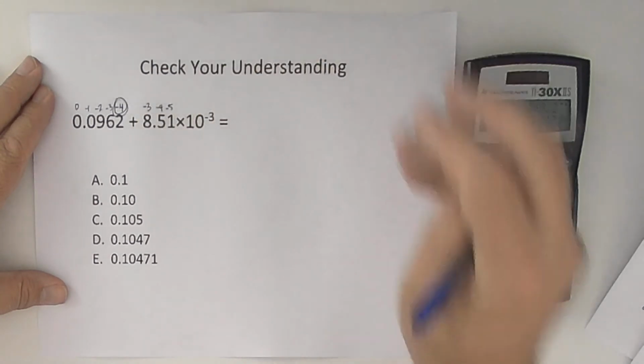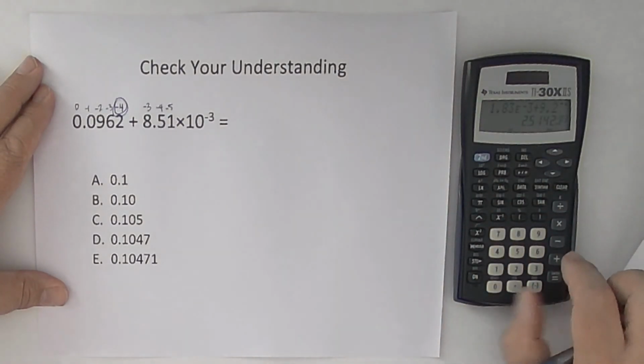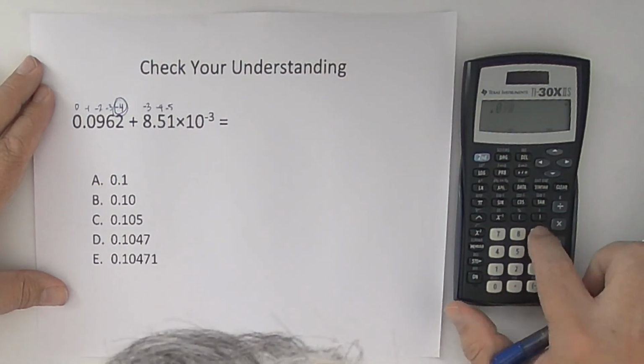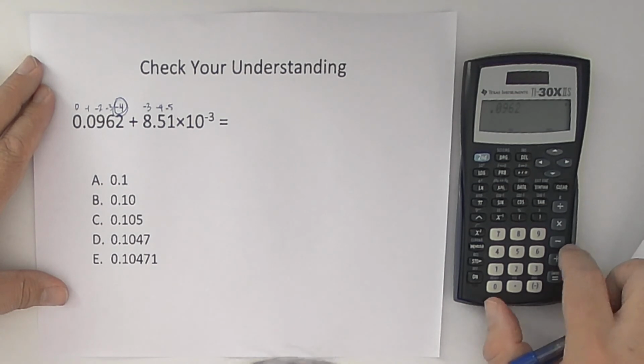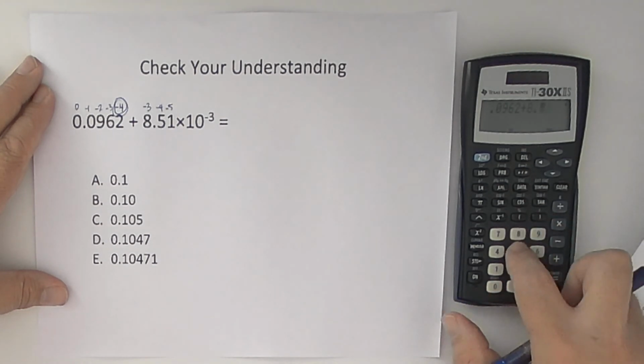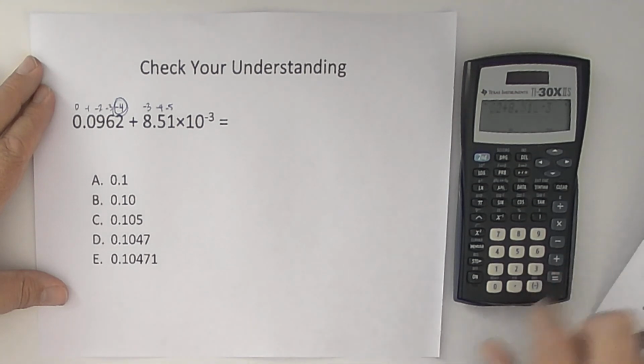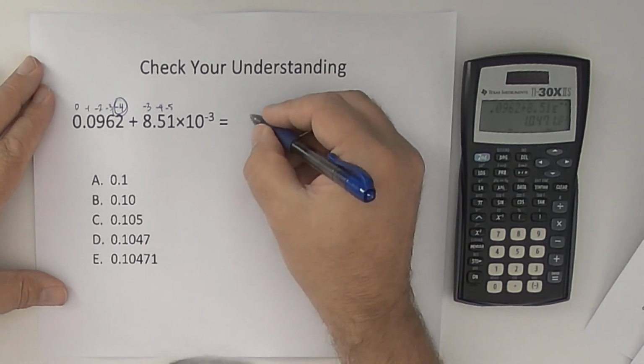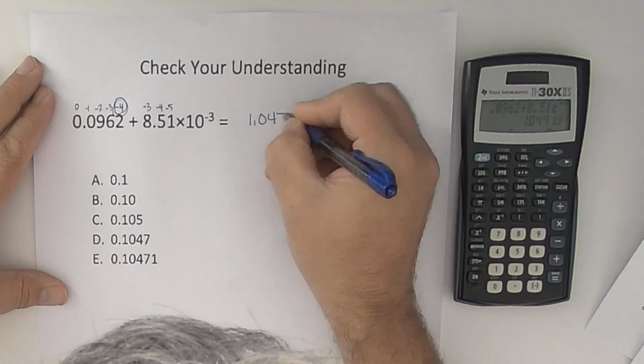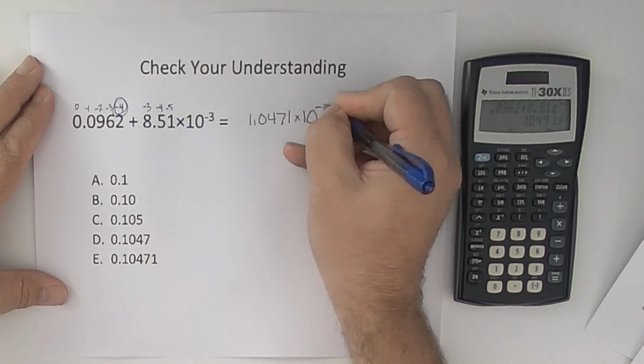So my answer will go to the 10 to the negative 4 position, so 0.0962 plus 8.51, and I get 1.0471 times 10 to the negative 1.